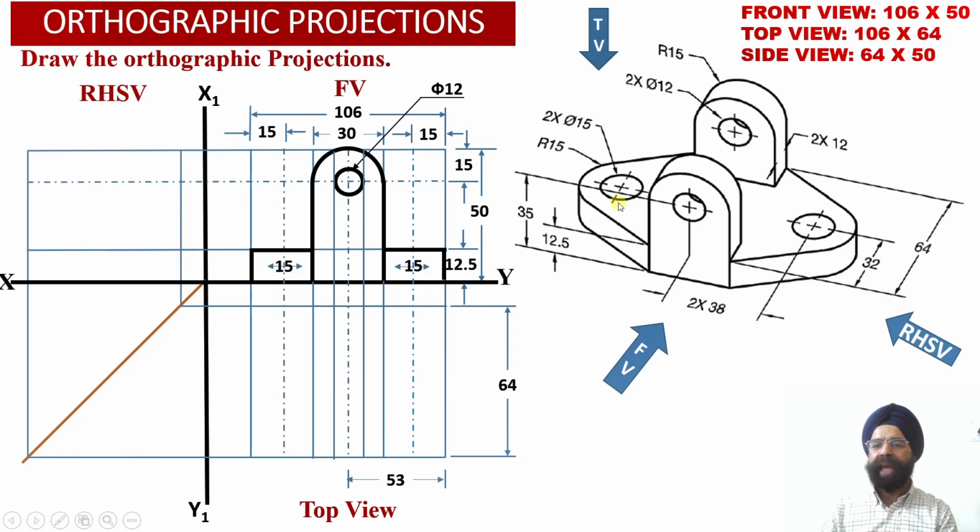And we also know that from this center point and from this center point, we have two holes available in the horizontal web on either side of this vertical web. The diameter of the holes in this horizontal web is equal to 15 millimeter.